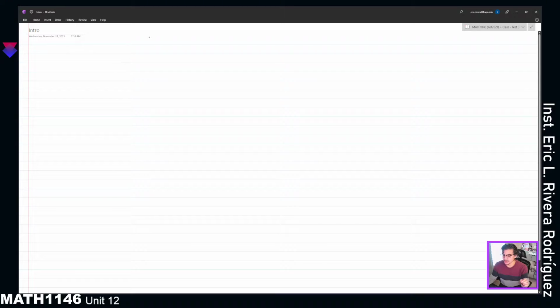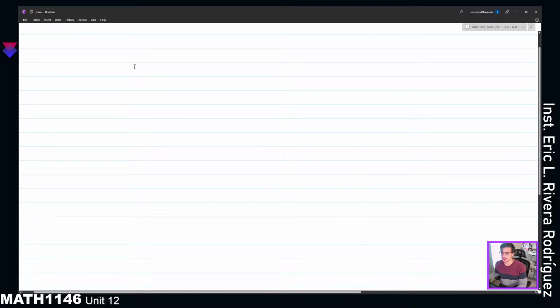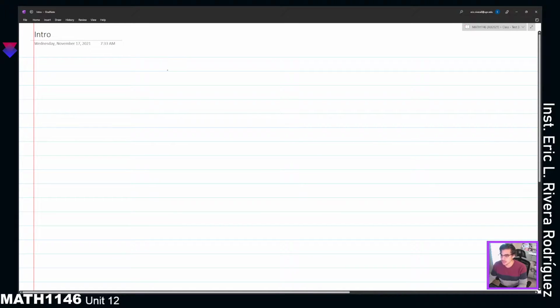So we have exponential functions. And we know that the inverse of the exponential functions are logarithmic functions. They are inverse to each other.